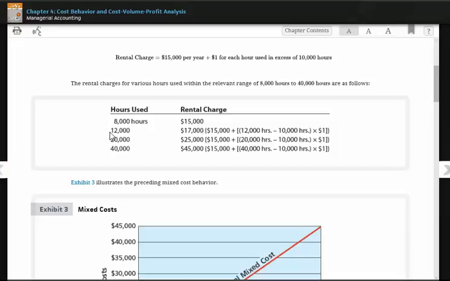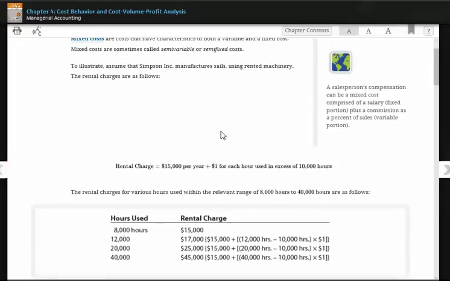In addition to that, for every hour over 15,000, we are going to have a variable component, and that is $1. So we're going to look at 12,000 units, and we are going to be charging $1 per hour over, I guess it's 10,000 is the agreement.